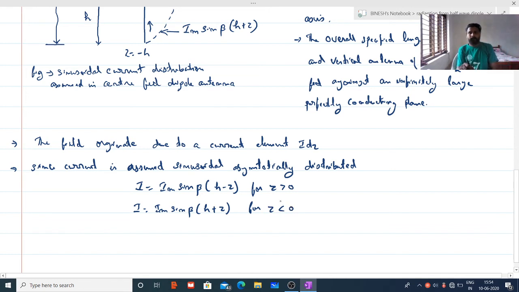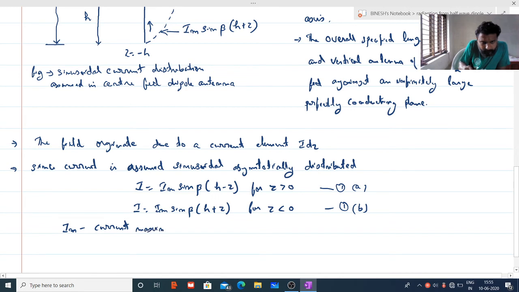These are the two equations that I have to write here. I will call them equation 1a and 1b. Here Im is the maximum current, the current at the current loop. You already know how we derived this equation.